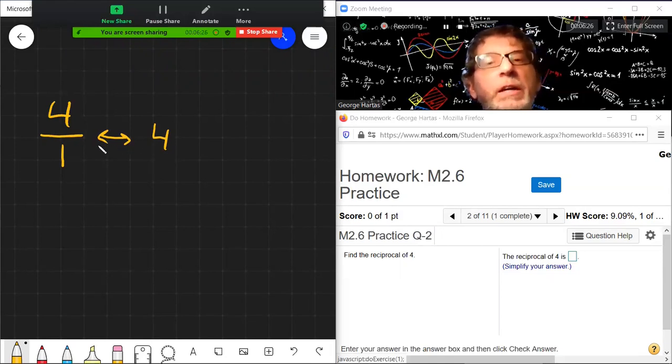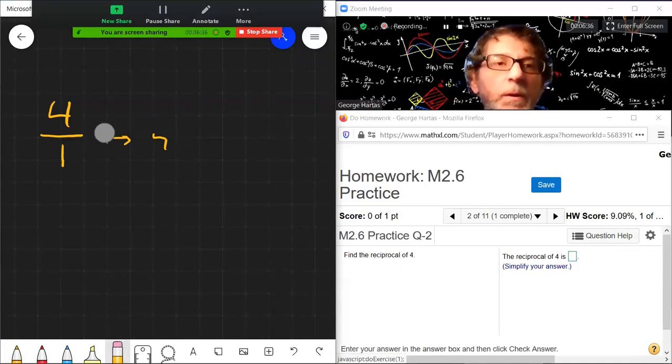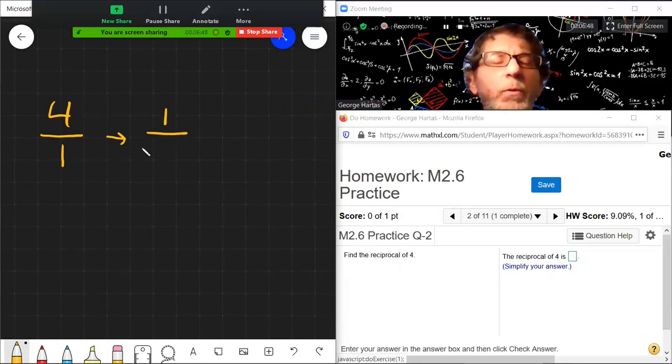So whenever they give you a whole number and they say find the reciprocal, simply put a 1 underneath it. That's the first step. Then you can go ahead and simply flip, right? Flip it over. So the 1 goes on top, the 4 goes on bottom. So we're swapping out numerator and denominator values.